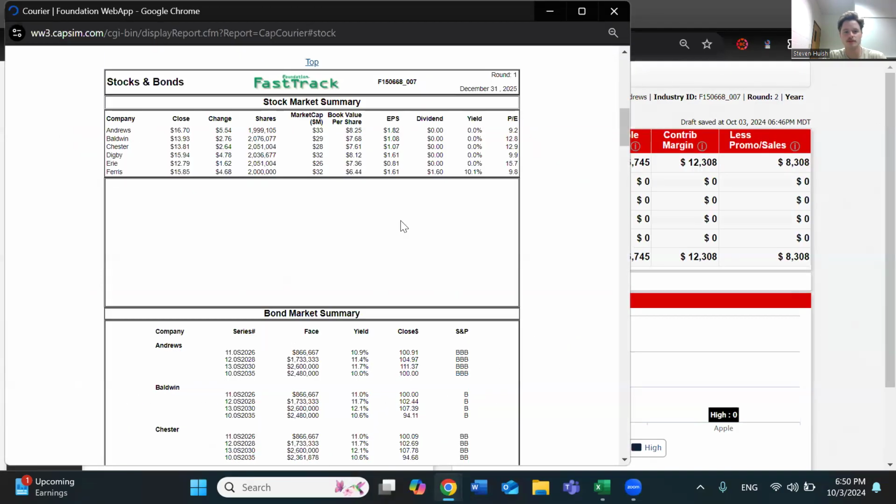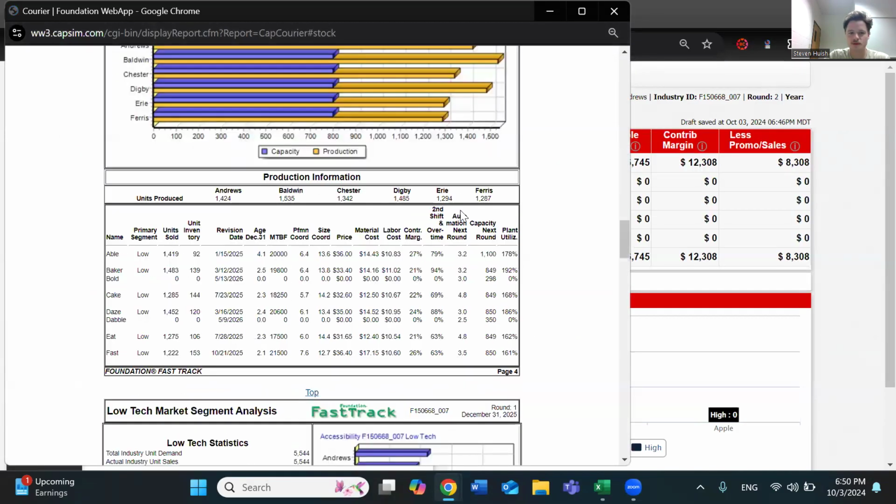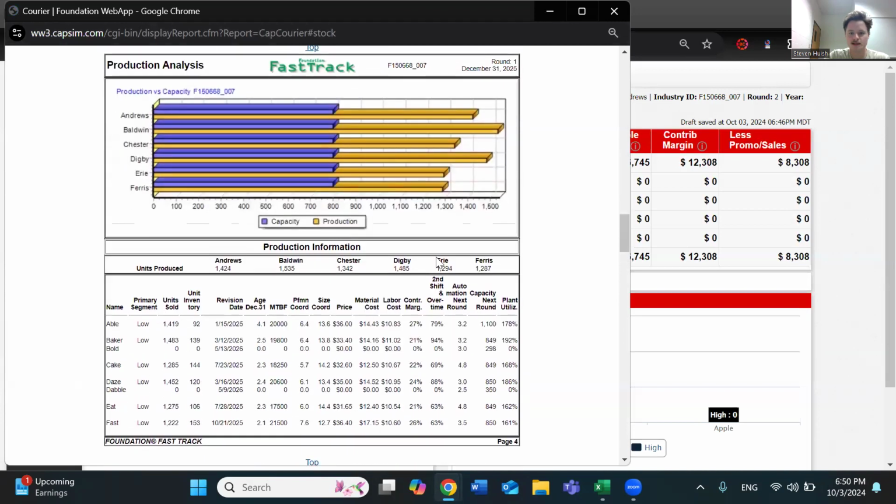So if I pull this up here and I scroll down to this fourth page right here, I can see the number of units that I sold last round. I sold 1,419 units, but I had 92 units left over. That means that my forecast last round, my production last round, because I produced around 500 units, it was over forecasted by 92 units.